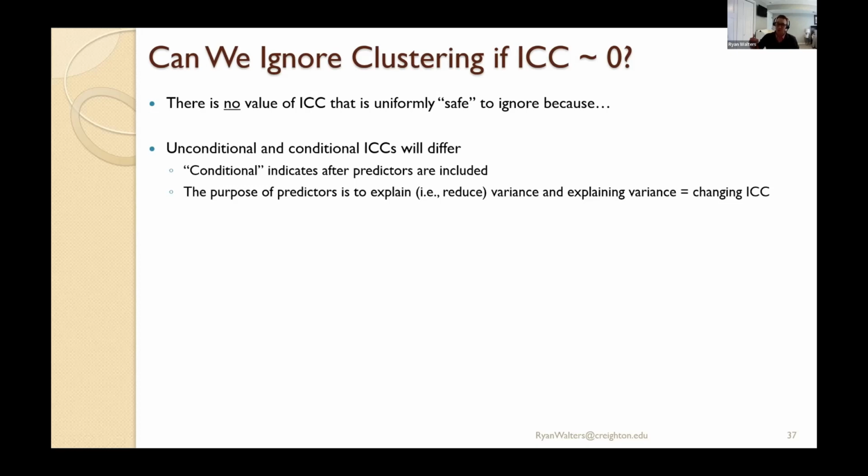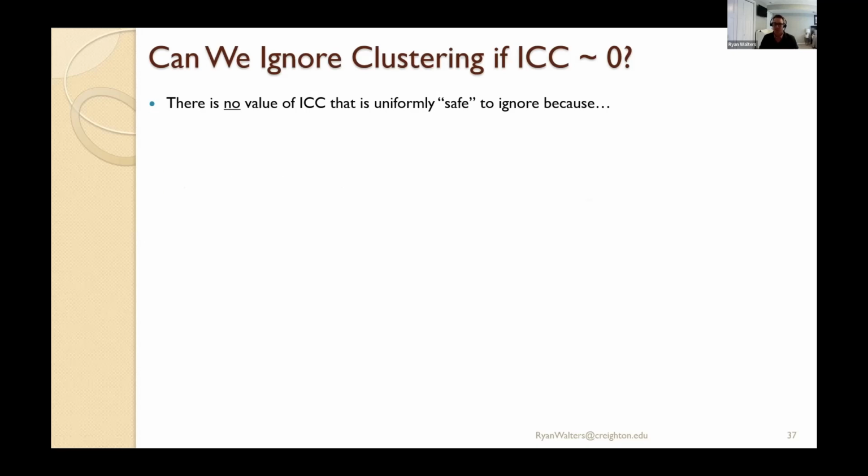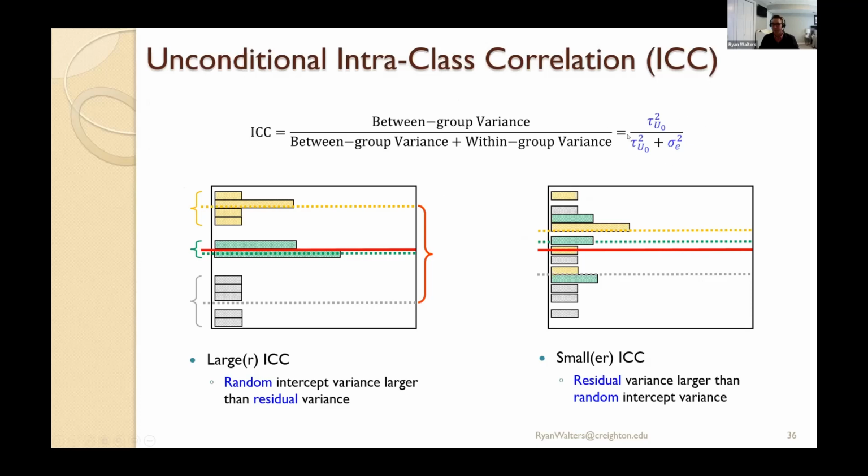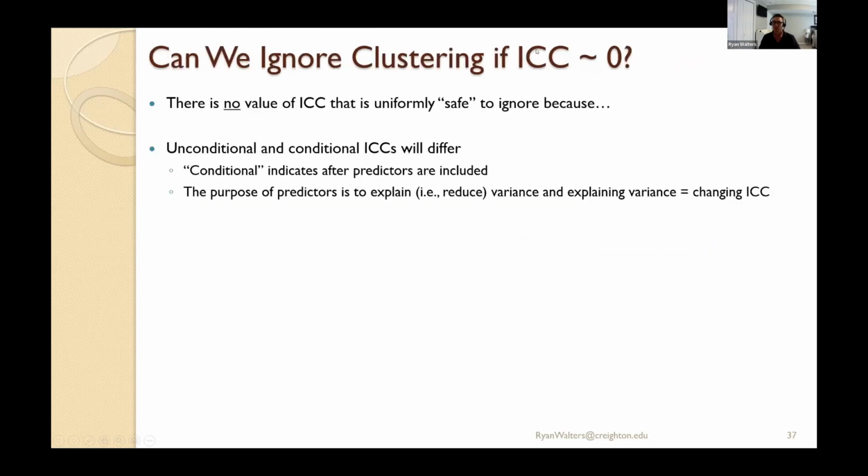So if we include a bunch of predictor variables that are explaining level 1 residual variance only, what's the only thing that can happen to our ICC? We're decreasing the denominator, meaning our ICC is going up. So if somebody says, well, our ICC is approximately 0, the first question you should ask is, is it conditional or unconditional? Because including predictor variables is going to shift that ICC around.